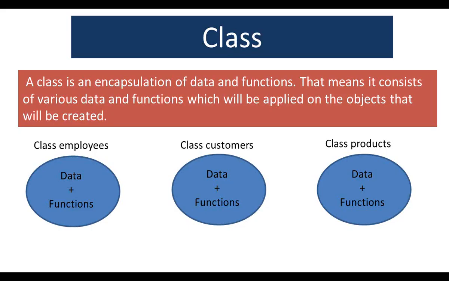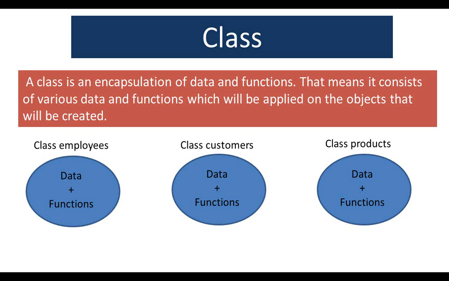Now we come to class. As I told you, all the objects in this world, they belong to a class, means a category. A class is just like a performer. It's like a blueprint, right?